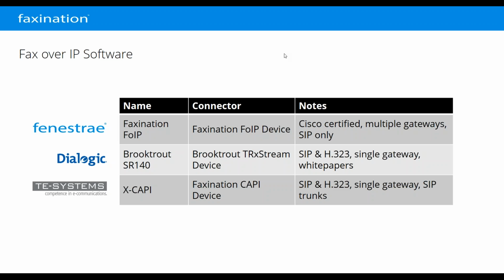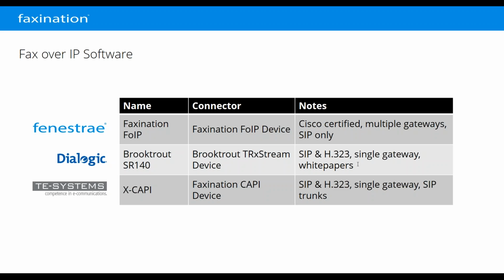One big thing you want to look for is the configuration of your gateways, and whether you have multiple gateways. The Faxination FoIP is the only one that can connect to multiple gateways simultaneously. With the Brooktrout SR140 and XCAPI, you cannot. You would have to have another device.